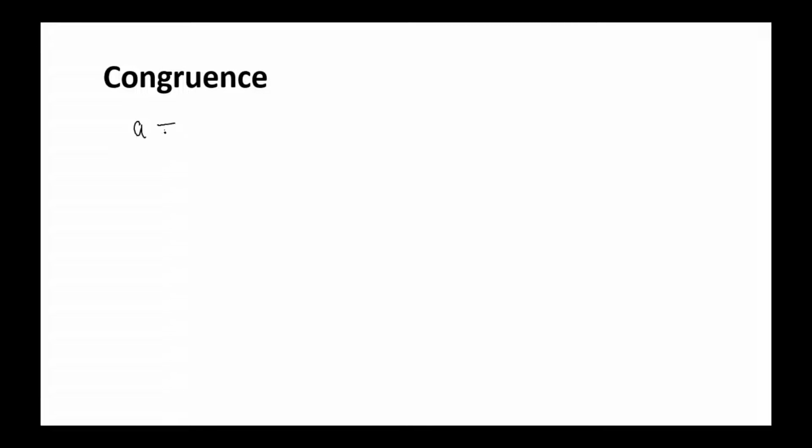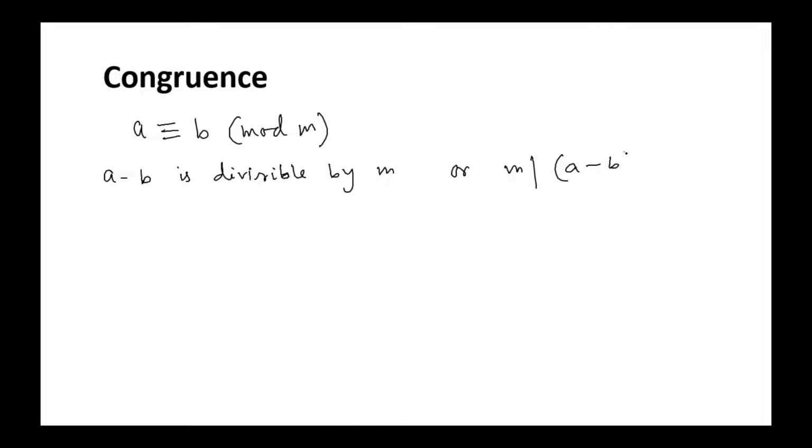Congruence: a is congruent to b modulo m, where a and b are any two integers and m is a positive integer. It means a minus b is divisible by m, or m divides a minus b.